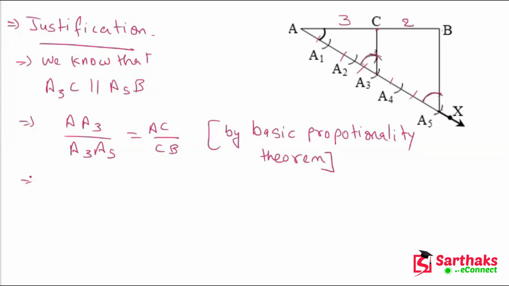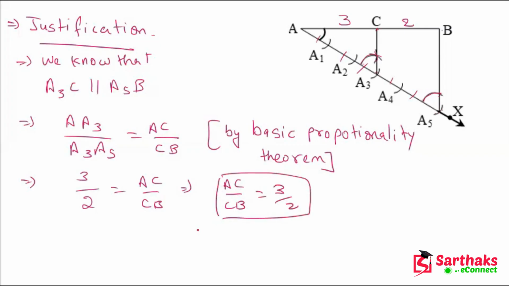My dear friends, we know that A3 is 3, and A3A5 is 2, and this is AC upon CB. So AC upon CB is equal to 3:2.